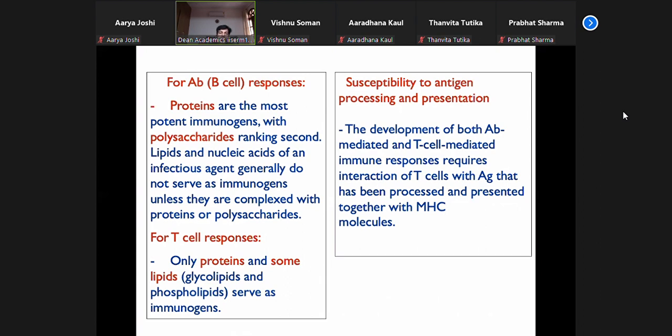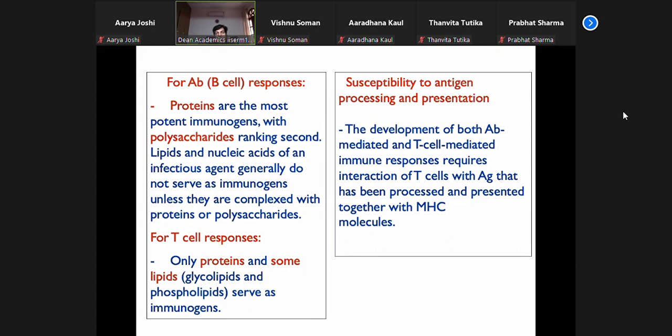This is because your TCR and BCR provide these structures that we call paratopes, so they can more efficiently recognize the counter structures present on proteinaceous antigens than on polysaccharides, lipids, or nucleic acids. This is not to say that nucleic acid is not immunogenic at all. No, it is just less immunogenic.